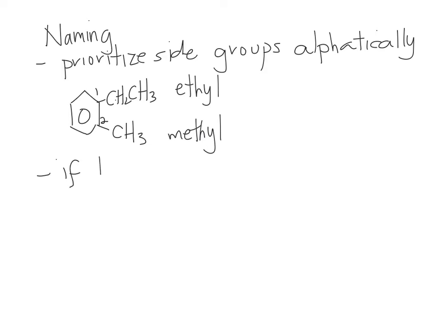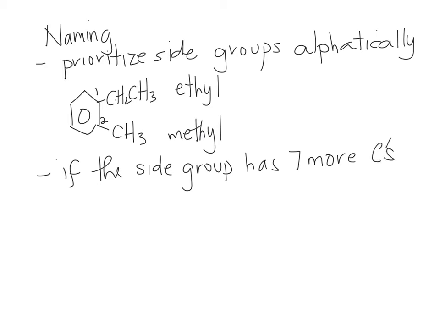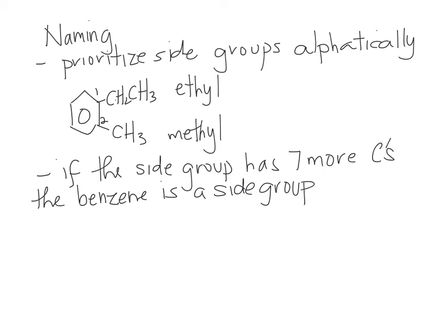If the side group has 7 or more carbons in one continuous chain, the benzene is a side group, and the 7-carbon chain is the parent chain.